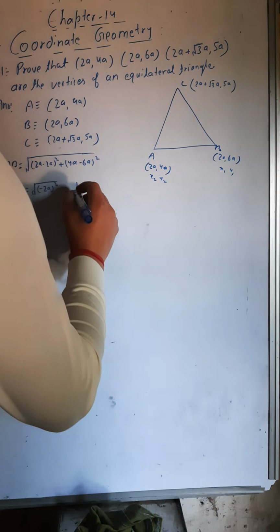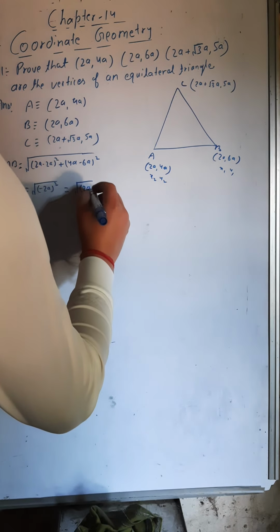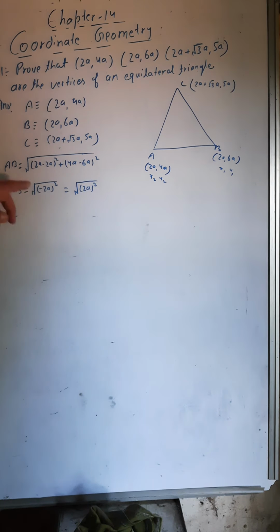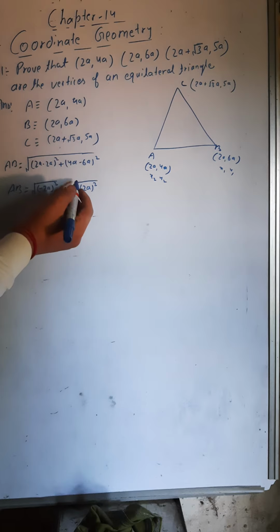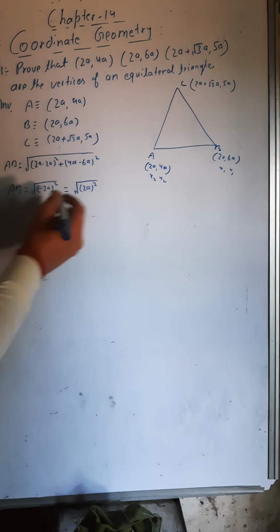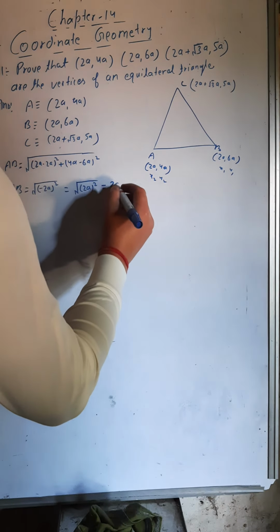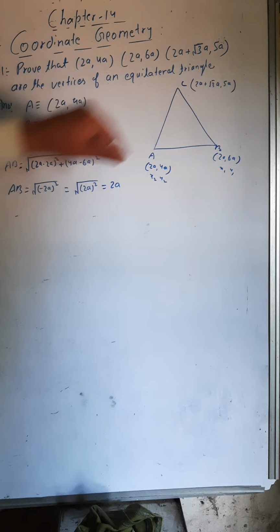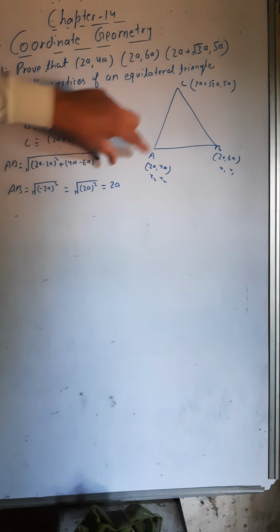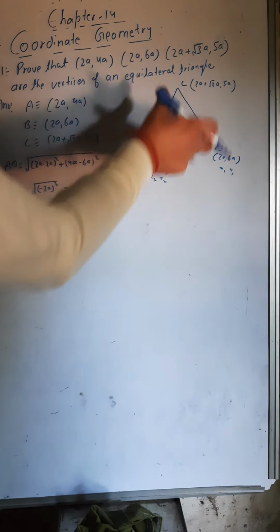So you can write it as the square root of (2a) whole square, because the square of a negative is positive. Now the square root is removed, so the answer will be 2a. So the AB distance is 2a. Now we'll find BC.